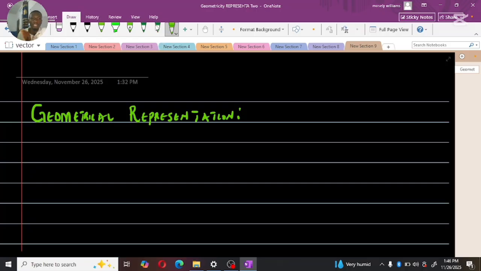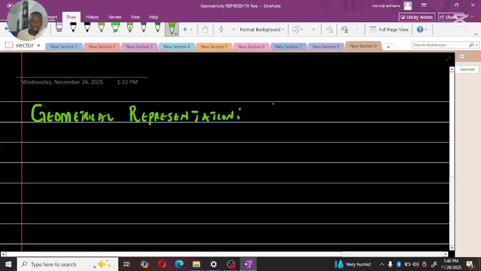So let's talk about the geometrical representation of dot product. Given vector A and vector B, each has magnitude and direction.